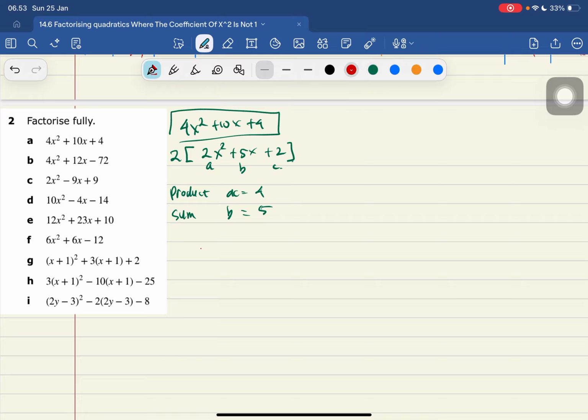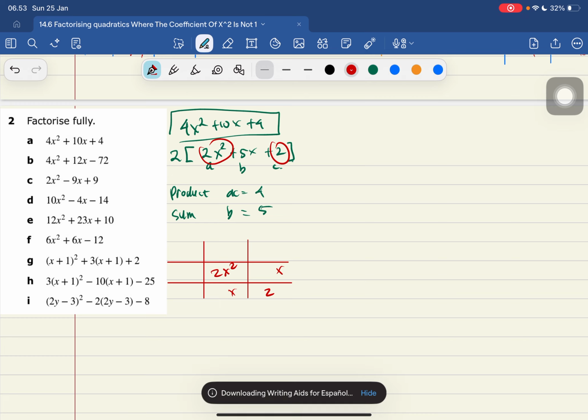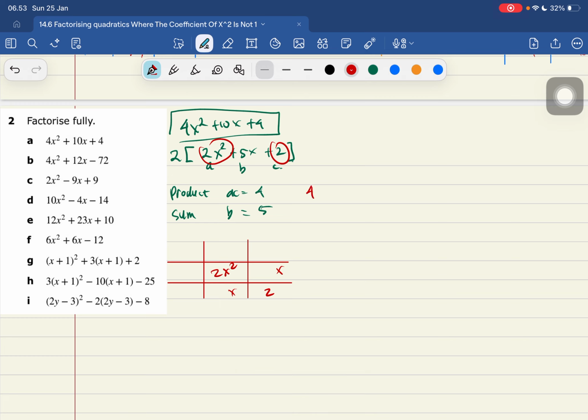Then we will just write it into the table. Okay, 2x squared, we will write it here, 2x squared and 2. So here with x. So we got these two numbers, which is 4 and 1.